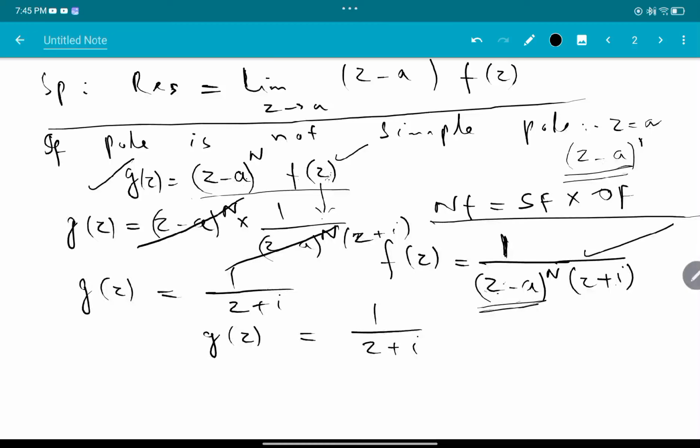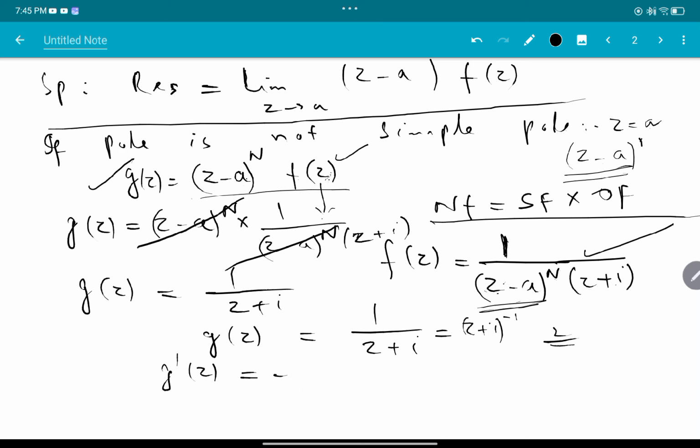Differentiate it. How many times? As many as this number. If it is 2 times, if it is 3 times. Let me say suppose 2 times. So I will differentiate it first. g dash z will be equal to, when I differentiate it, I have to rewrite it as (z plus i) raised to minus 1.